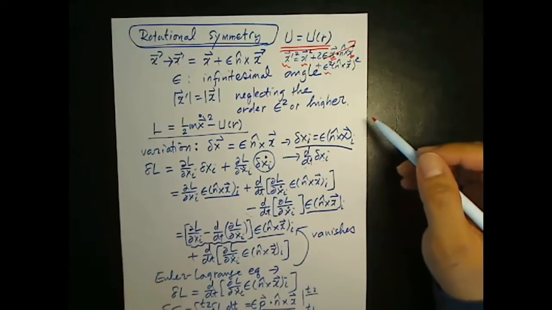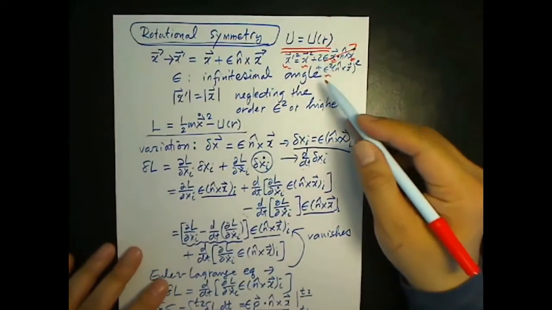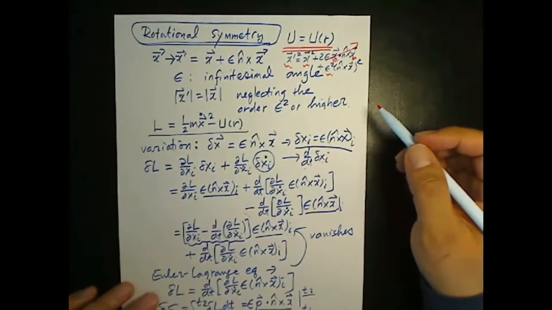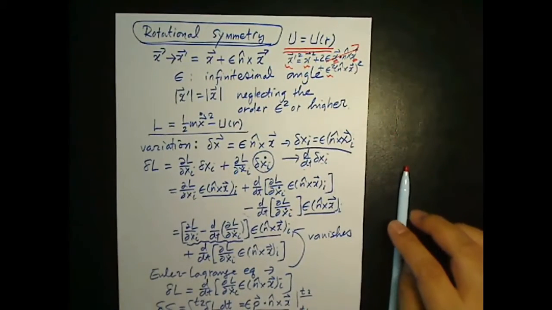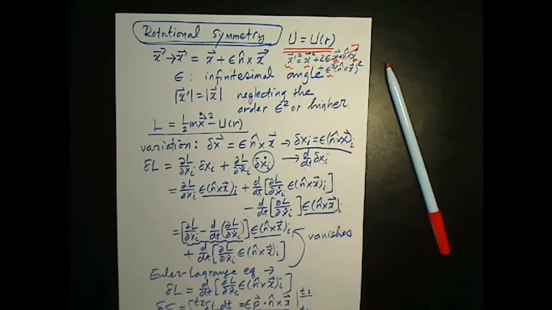In the infinitesimal limit, we neglect epsilon squared consistently. If we make use of the finite rotation formula coming from the Rodrigues formula, this epsilon squared or higher order piece does not appear at all. It is exactly vanishing, even though we make use of this expression.